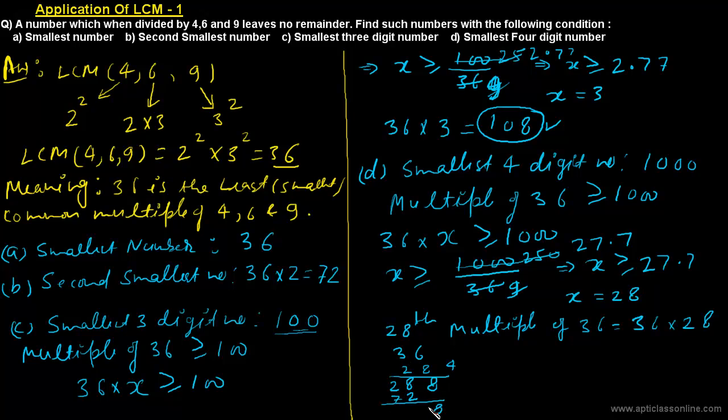Here we are getting 8, here 8 plus 2, that is 10, then 1008. So 1008 is the smallest 4-digit number because it is just closer to 1000 and above 1000.